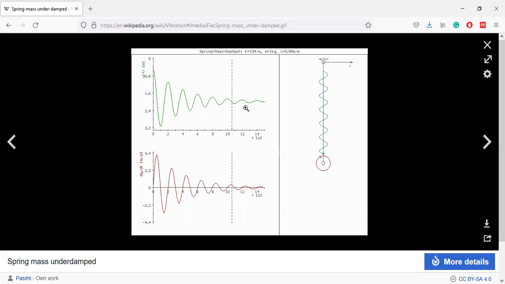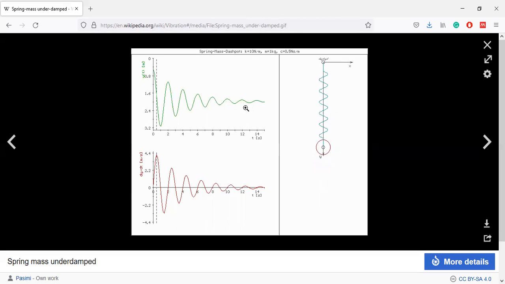Let's see some damped vibration cases. In damped vibration, we have three different cases based on the damping value. For example, if the damping coefficient zeta is less than 1, the system can vibrate but will decay exponentially.